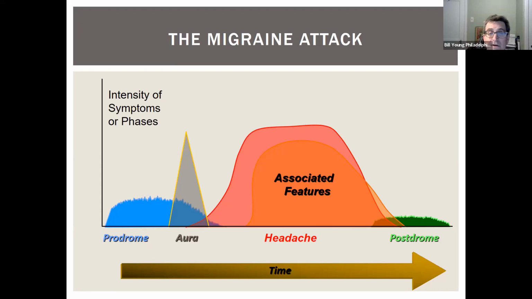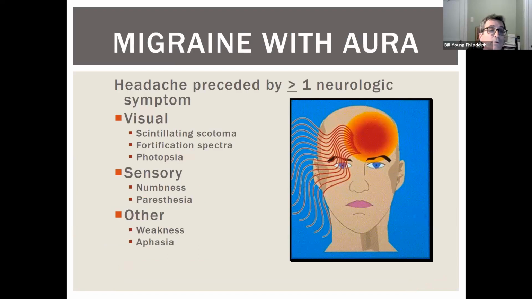This is a well-ordered progression of symptoms from the beginning of the attack, even before the headache or the aura, until the headache and the associated symptoms are gone. So that's how we look at a migraine attack. So what's an aura?